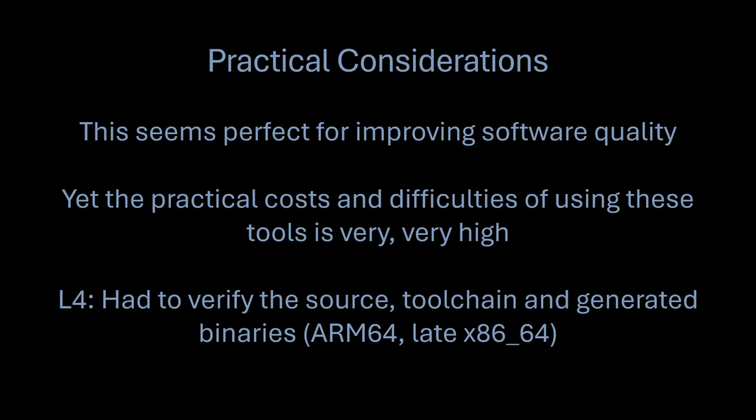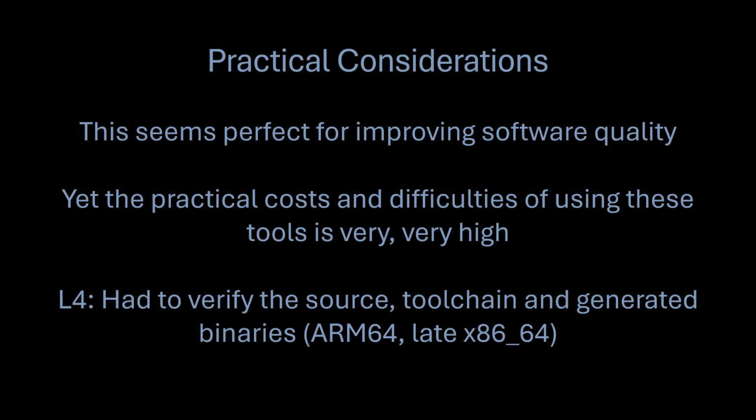There's a project called L4, which was a microkernel. To do this work, and it was used in a previous version, an older proof assistant called Isabelle/HOL, they literally had to go through and do verifications for the source, the toolchain, which is basically the compiler they use to generate binaries, and the binaries.